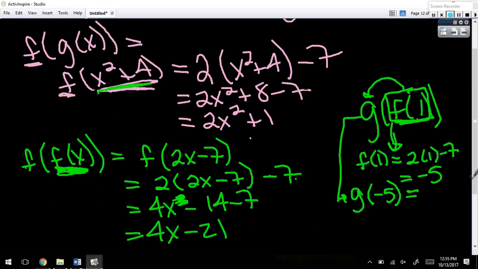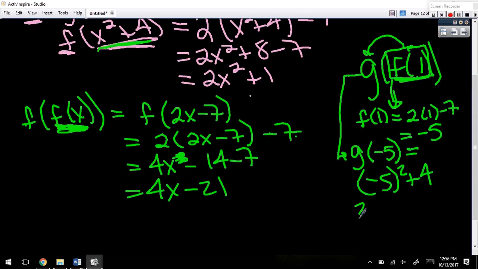Just to clarify, f of x is 2x minus 7. And what we're trying to do is g of f of 1, and in the parentheses that 1 is representing x.